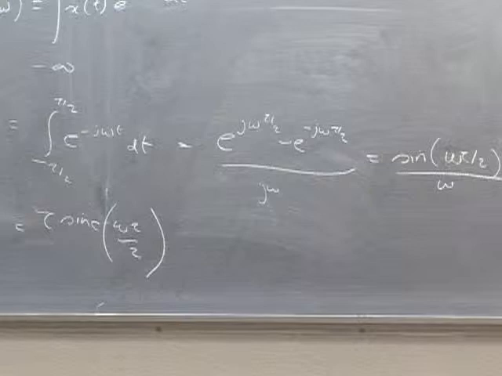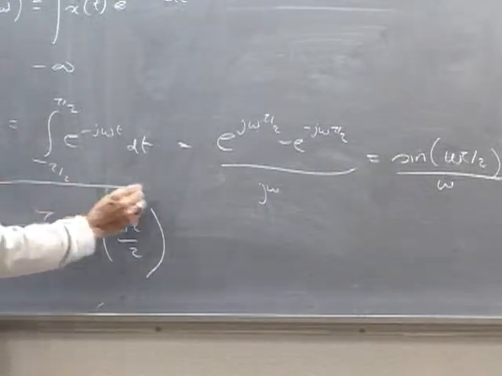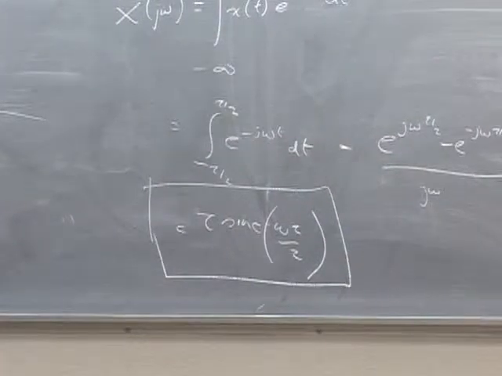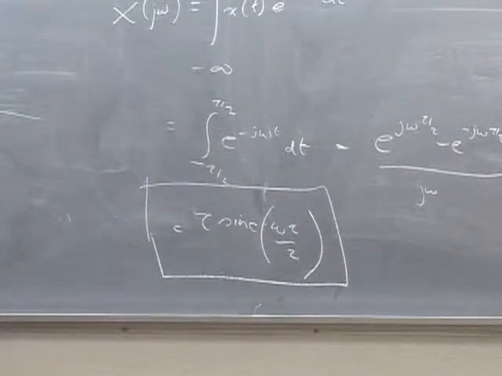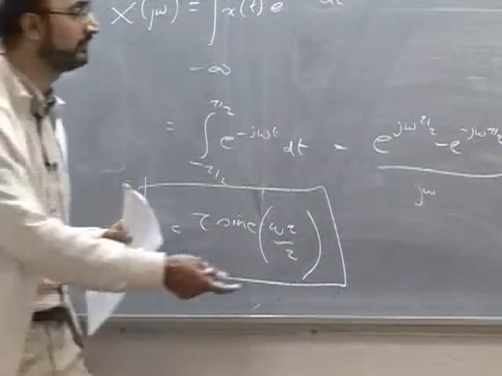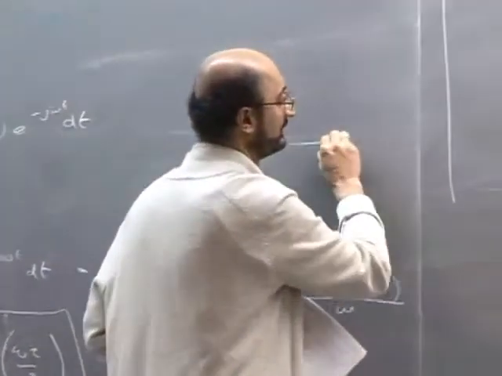This is basically the Fourier transform of a single pulse. What does it look like? It's a sinc function. So we get the sinc function again.